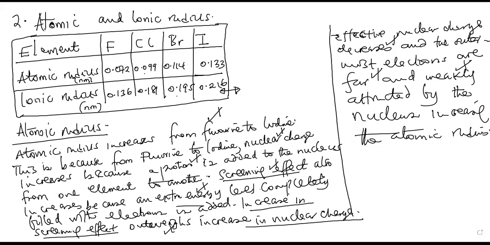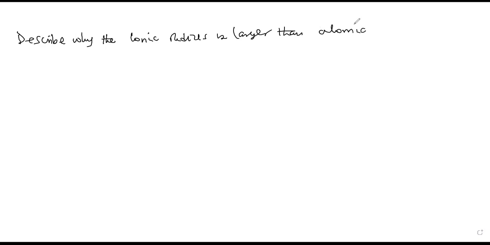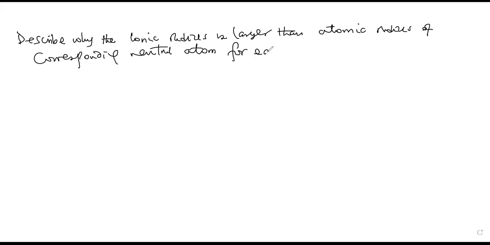Let's see what causes that. The question would be: describe why the ionic radius is larger than the atomic radius of the corresponding neutral atom for each element. Why?